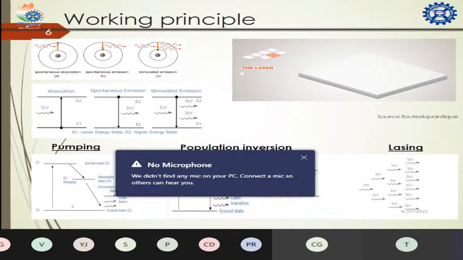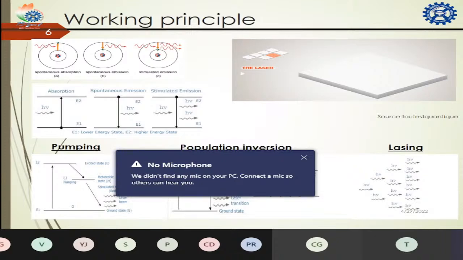In this graph, we can see that as soon as a photon strikes the atom, it excites the electron to the higher energy state. Suppose this E2 has a short lifetime; in that case, it falls back to this metastable state, which is the third level. This is a three-level laser.